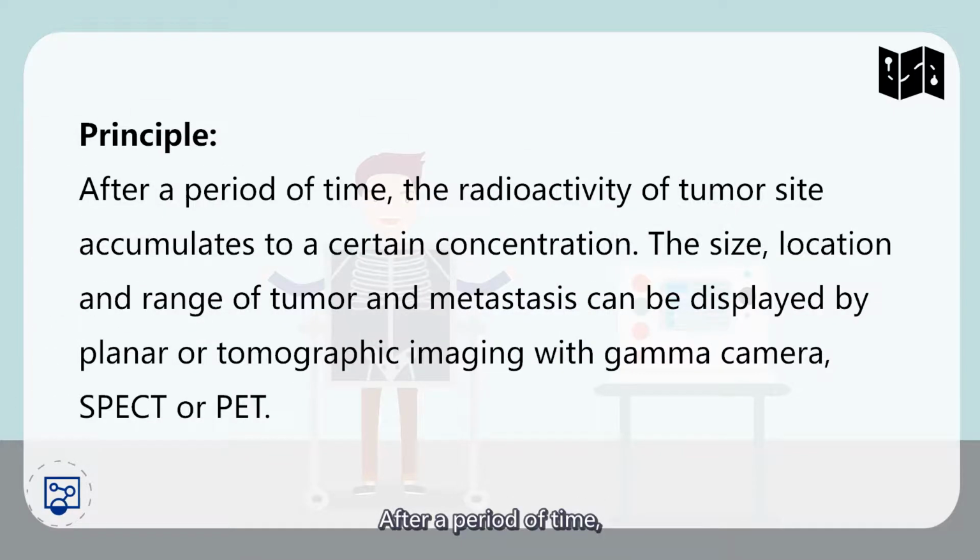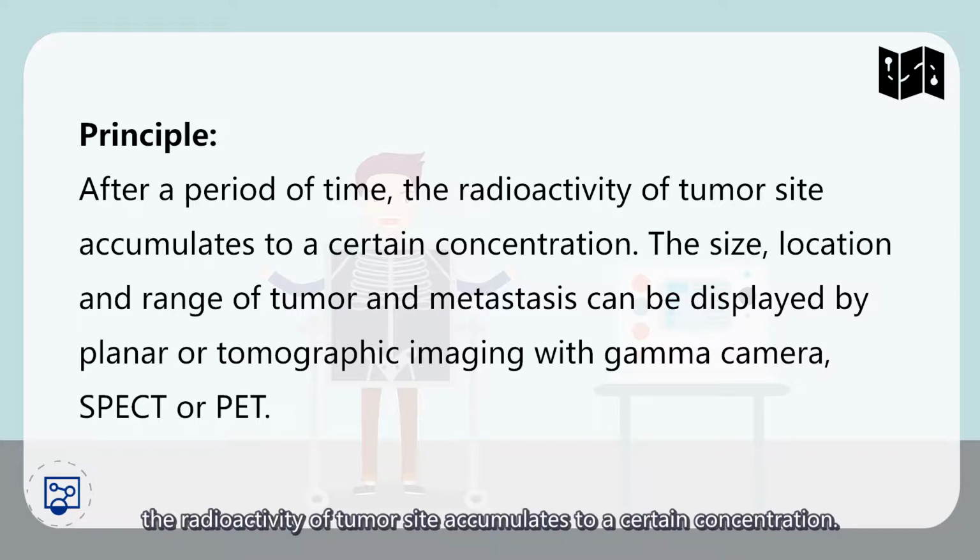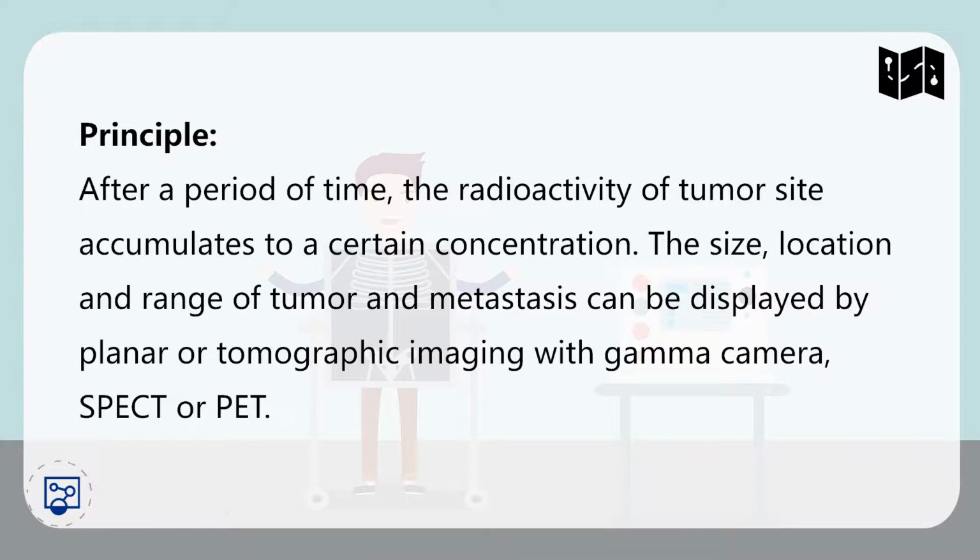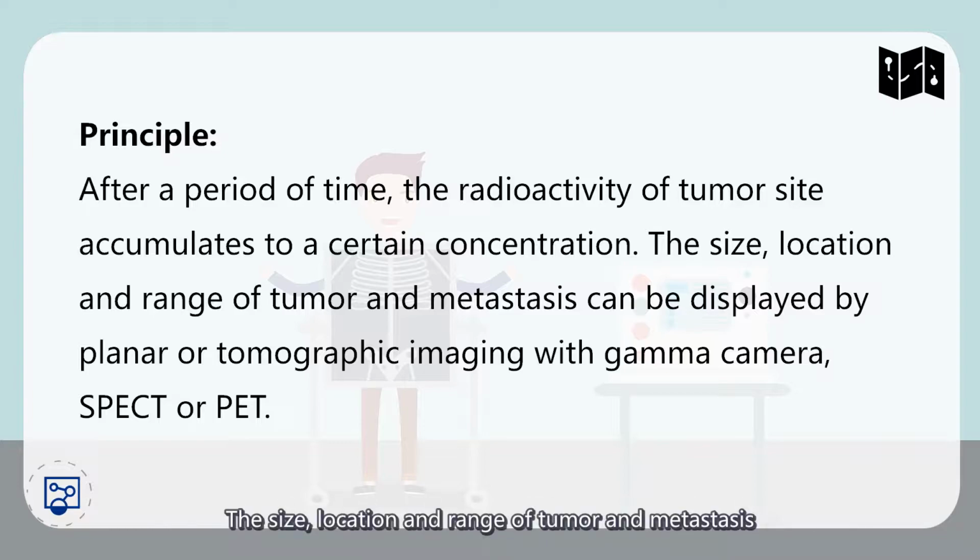After a period of time, the radioactivity of the tumor site accumulates to a certain concentration. The size, the location, and the range of tumor and metastasis can be displayed by planar or tomographic imaging with gamma camera, SPECT, and PET.